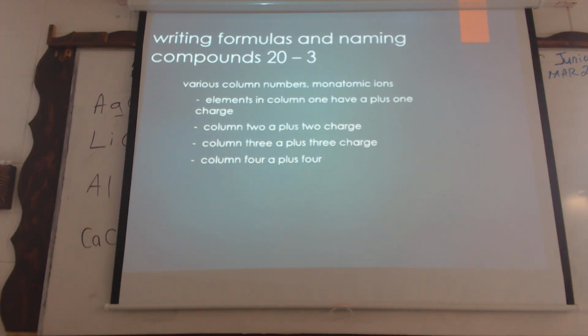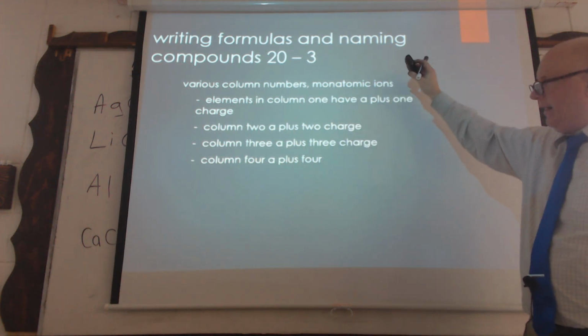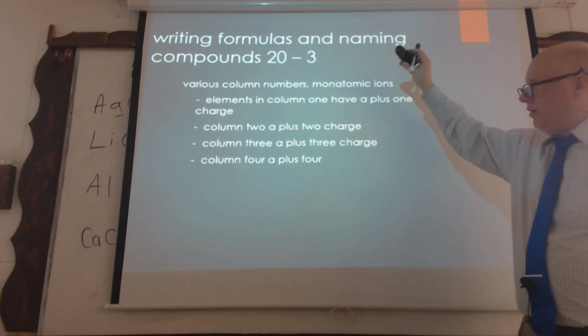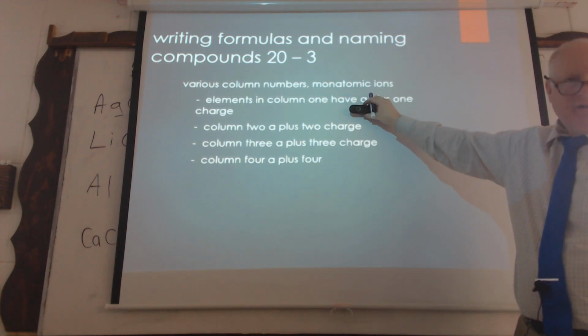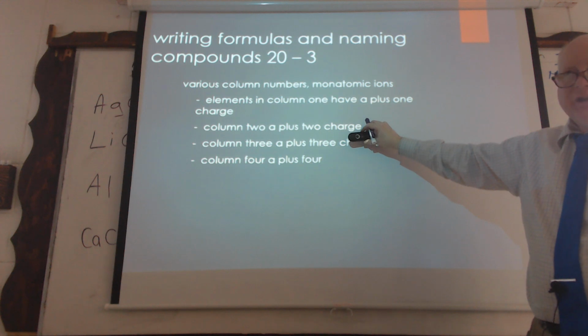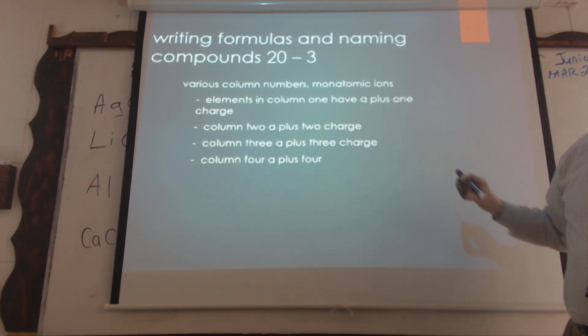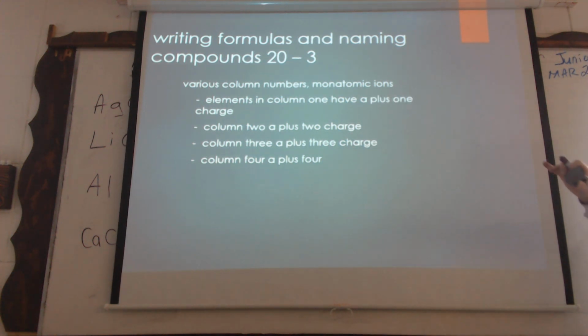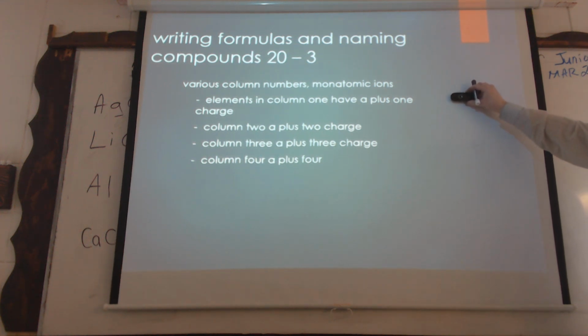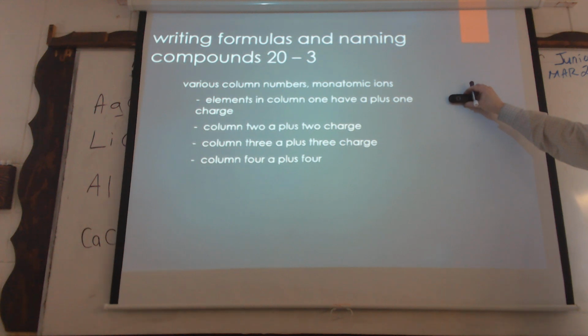So do we see a theme taking place here? As you go from left to right, what is happening with the charges that you see? They're increasing, but they're increasing how? What is it telling you here? So we're starting in column 1. What type of charge?